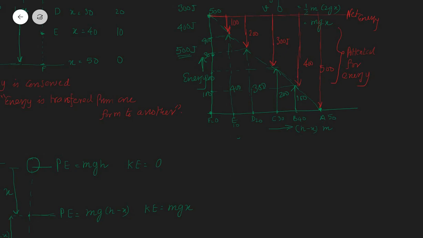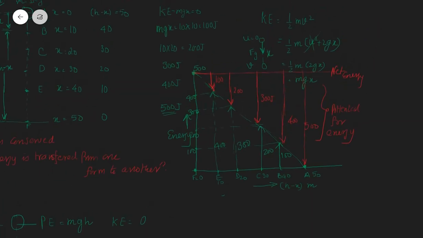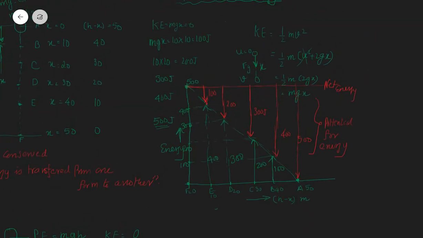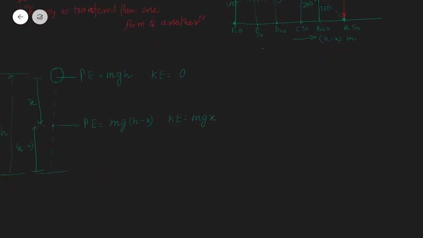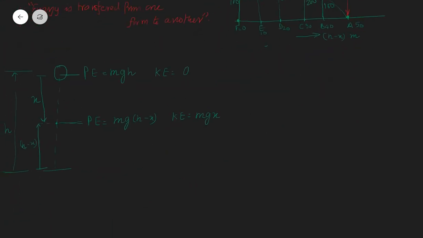Why is kinetic energy equal to mgx? It comes from basically this equation, which we have seen here before. So kinetic energy is mgx, and as it falls down, comes to the bottommost point, your potential energy becomes 0, and your kinetic energy becomes mg into h, which is the max.